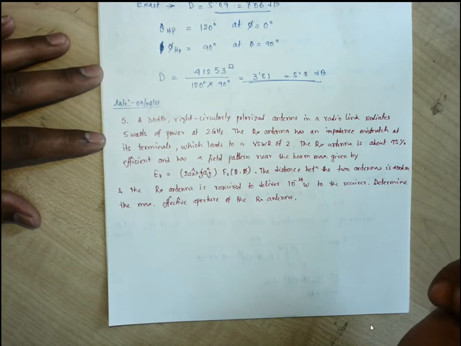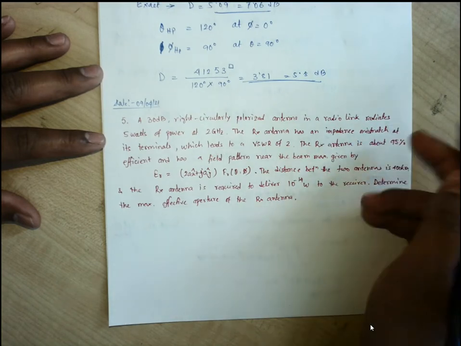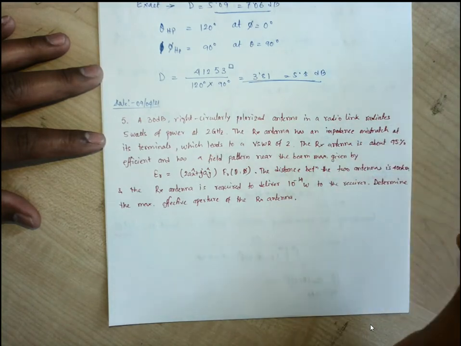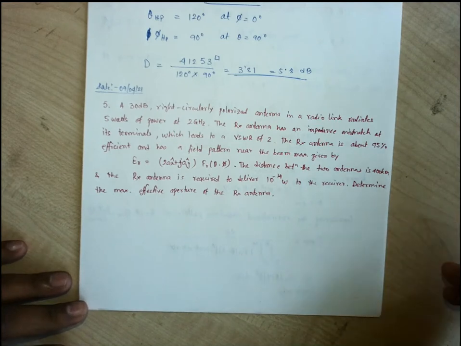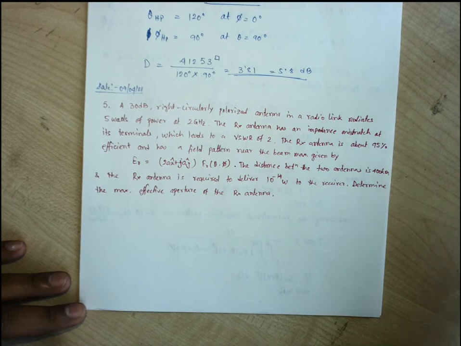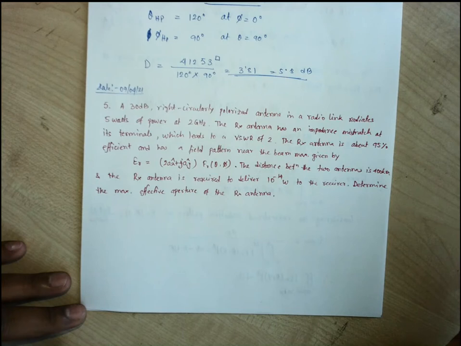The receiving antenna has an impedance mismatch at its terminal, which leads to a VSWR of 2. Due to this impedance mismatch there is certain reflection, and that reflection gives us a voltage standing wave ratio of 2.